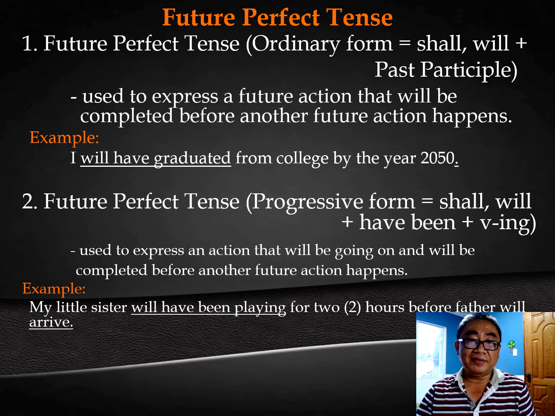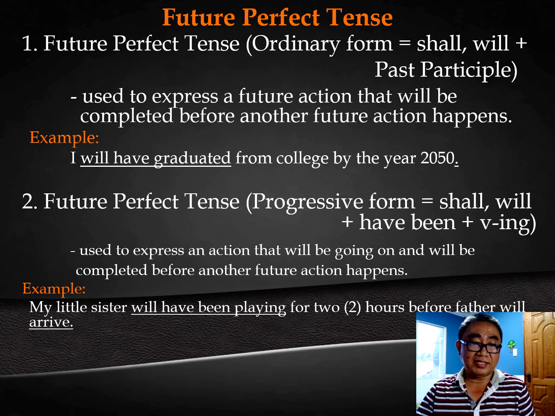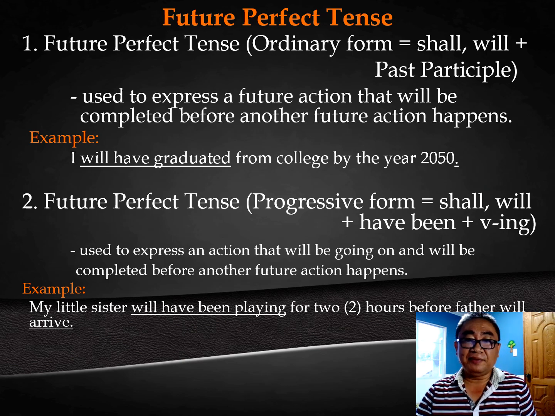Okay, future perfect tense progressive form: shall and will plus have been plus the being form, which is used to express an action that will be going on and will be completed before another future action happens. For example, my little sister will have been playing for 2 hours before father arrives. But in a nutshell, for the future perfect progressive tense, we have will have been playing.